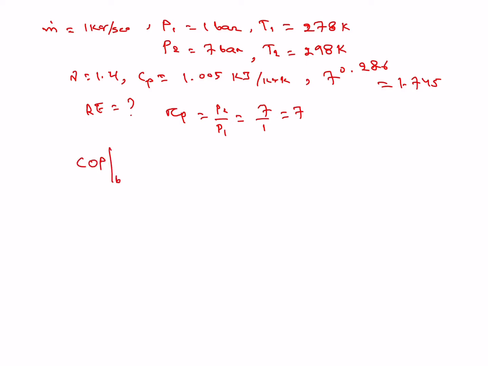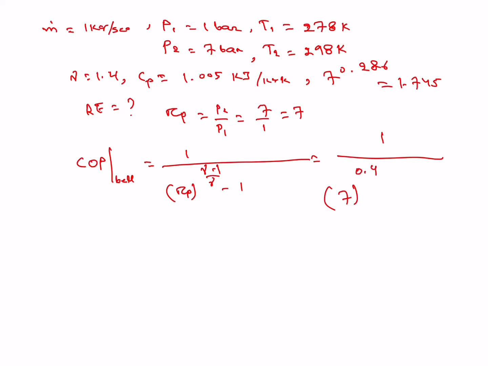Coefficient of performance of the Bell Coleman cycle. First you have this formula: 1 by Rp to the power (gamma minus 1) by gamma, minus 1. 1 by 7 to the power 0.4 divided by 1.4, minus 1, you will get 1.342.